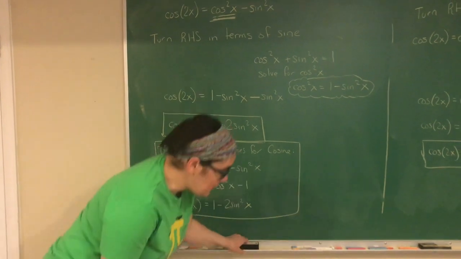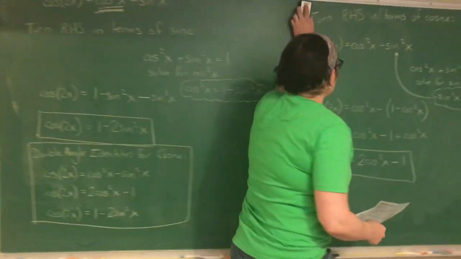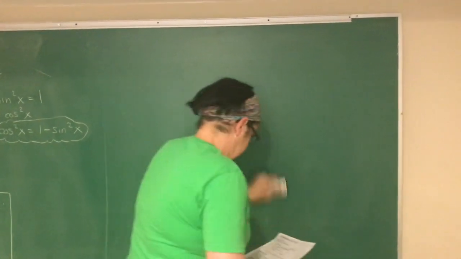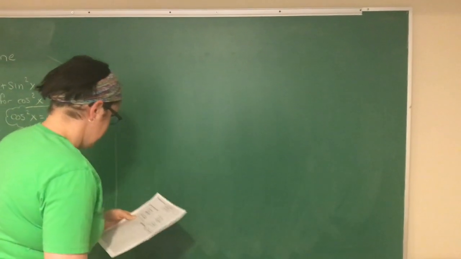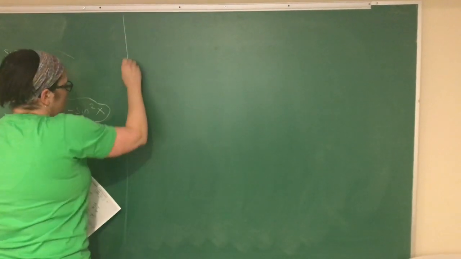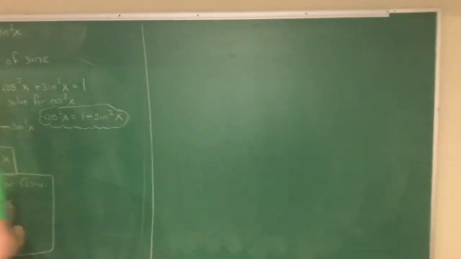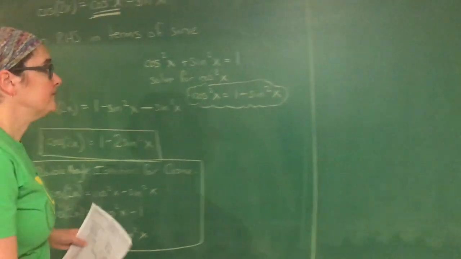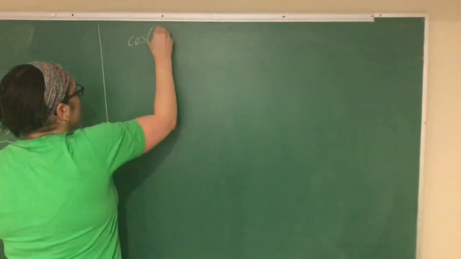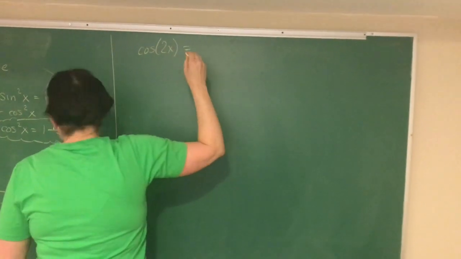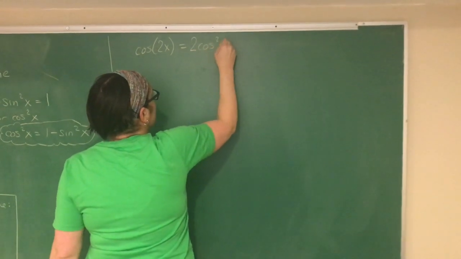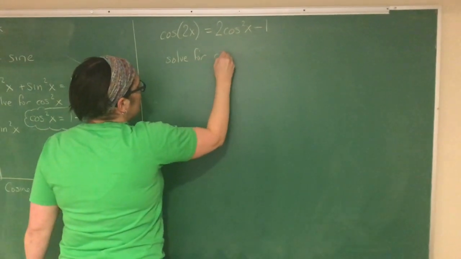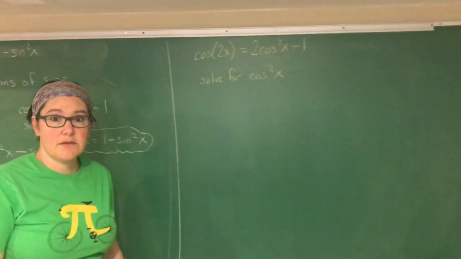Okay, so here's the last part. Here's the part where we actually get these lowering power identities. We are going to start here with the middle one. Cosine of 2x equals 2 cosine squared x minus 1. And we are going to solve this equation for cosine squared x.